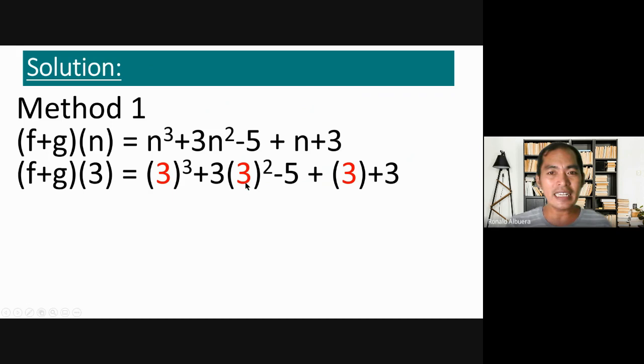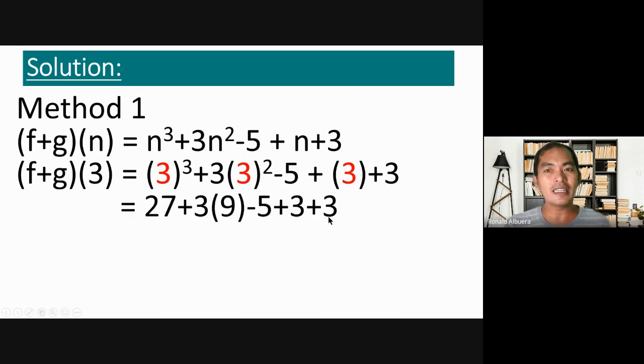And then 3 squared muna, PEMDAS rule, exponent muna, bago i-multiply dito sa labas na 3. So 3 times 3, 9, times 3 sa labas is 27, minus 5, positive times positive 3, para mawala itong parenthesis, positive 3 plus 3. Okay. So, 27 plus 27. Okay?